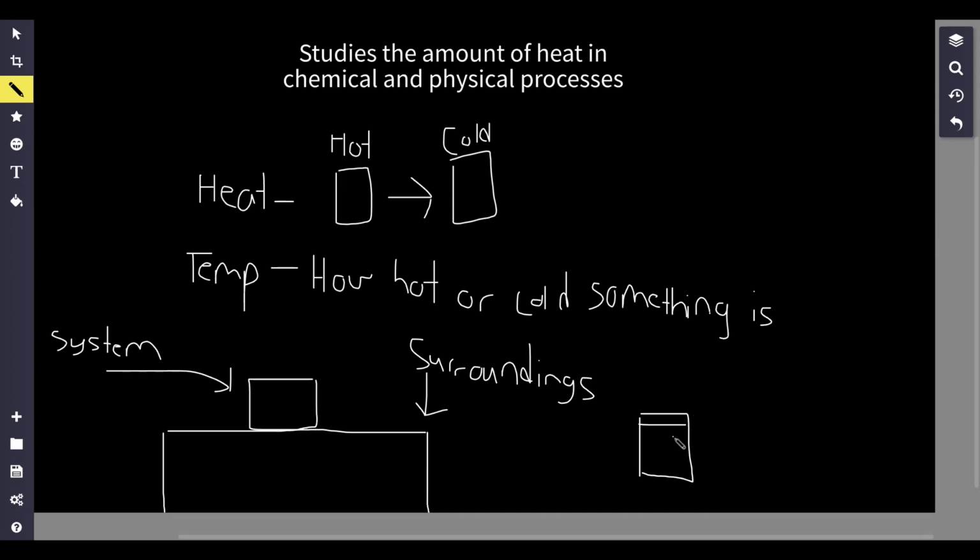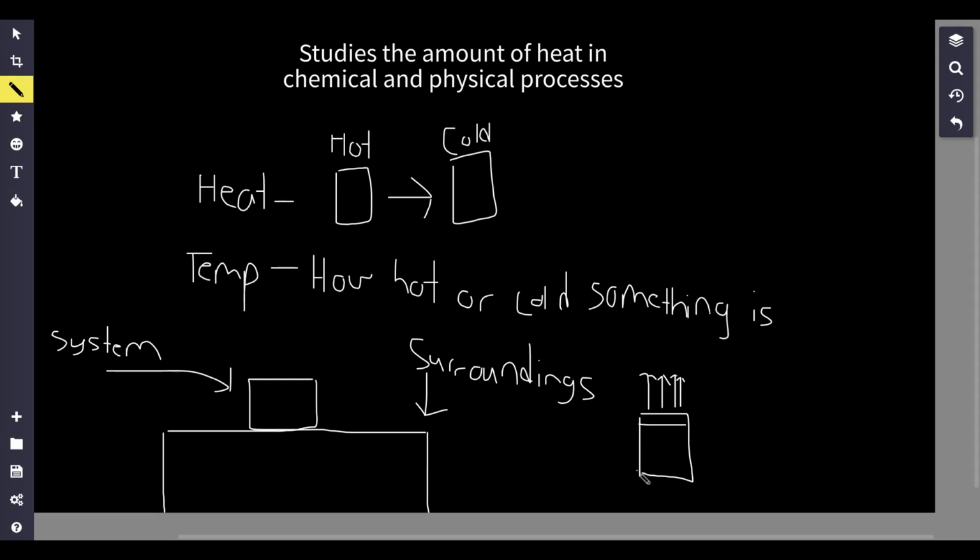This pot of boiling water, the water is evaporating, right? Which means matter is being exchanged between the system and the surroundings. And in addition, energy is being transferred from the system to the surroundings.